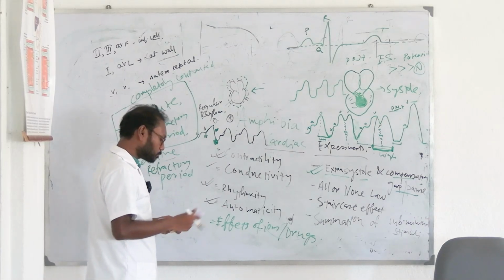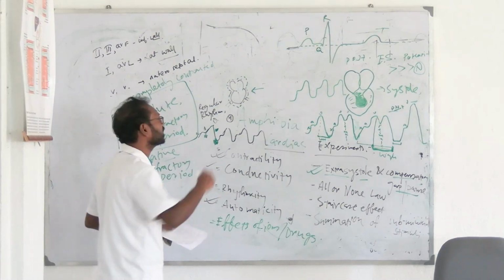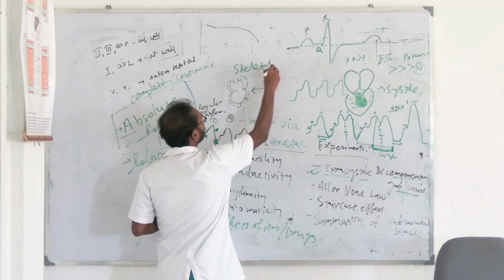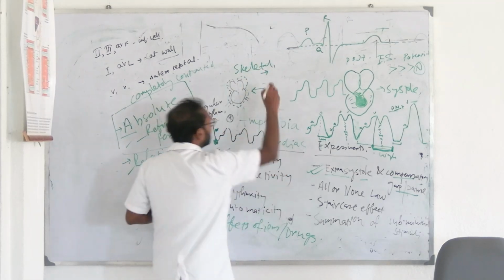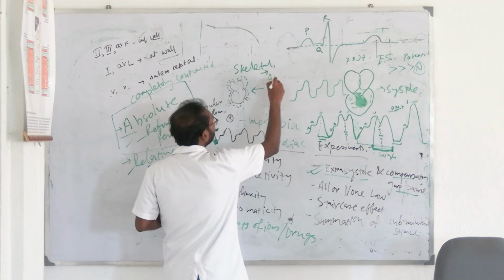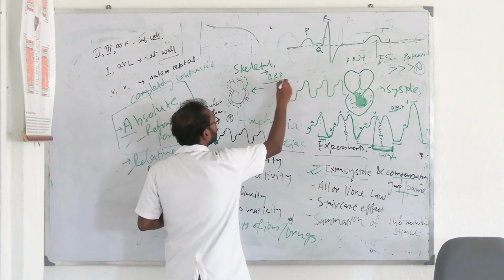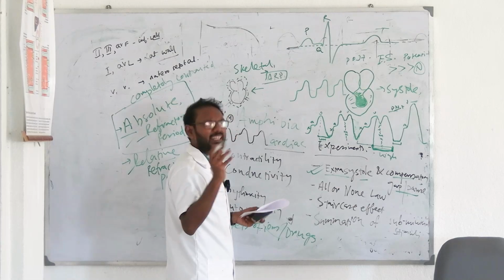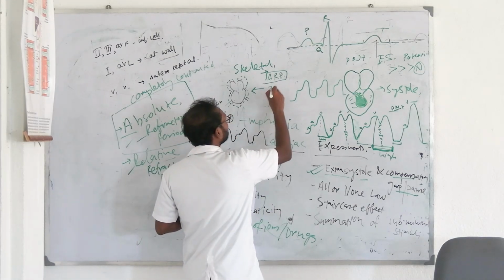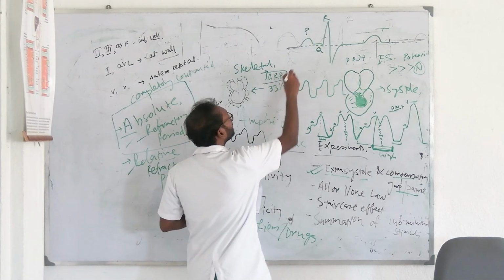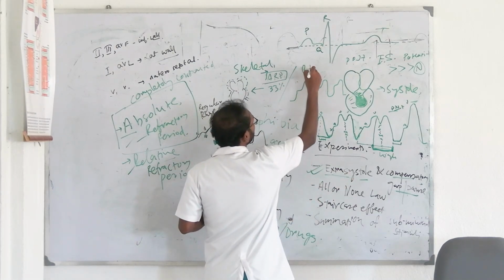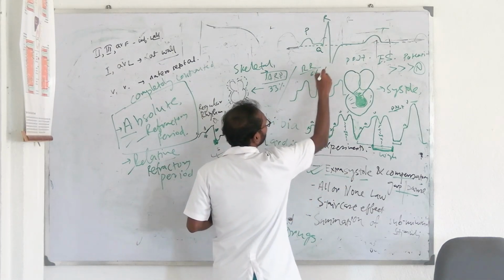Now in case of skeletal muscles, you should remember, this absolute refractory period is actually very less, 33%, and this relative refractory period is 66%, 2/3.